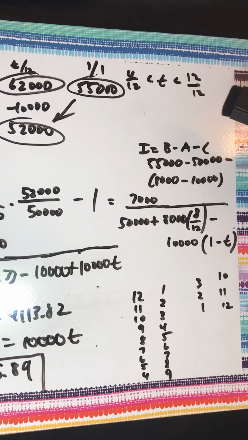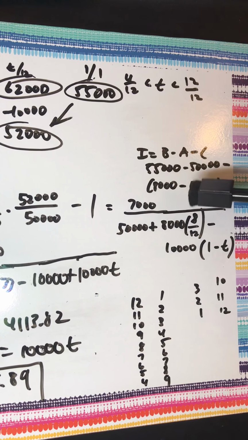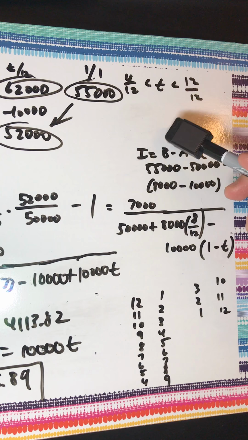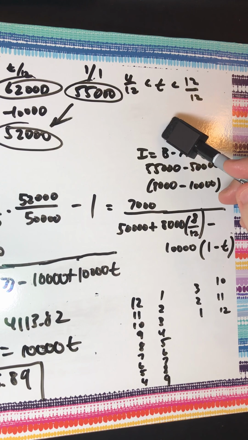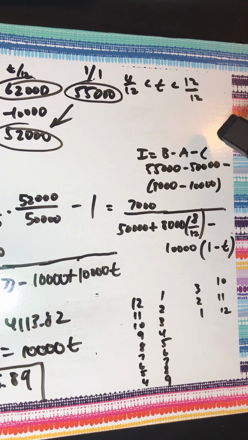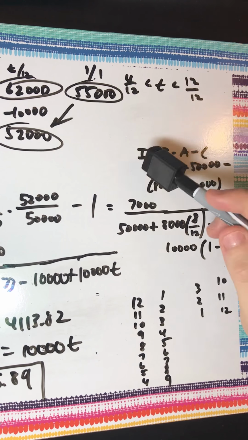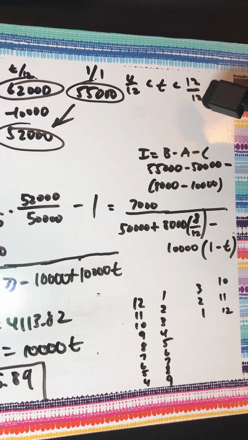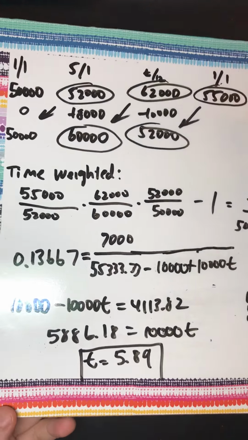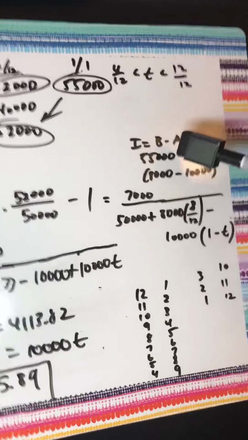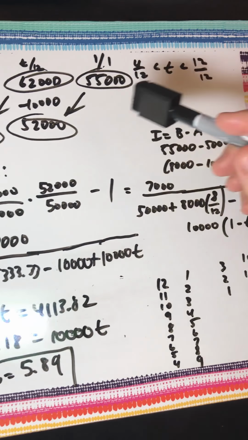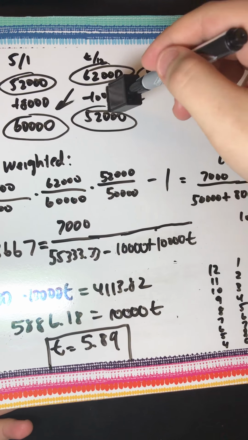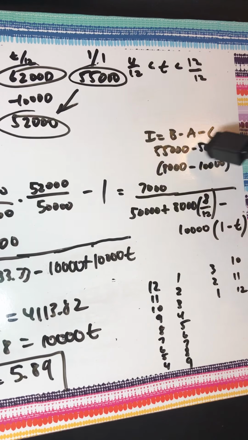Then moving on to the dollar-weighted rate of return over here, we have that the interest is the end balance minus the initial balance minus the cash flows. So end balance is 55,000, initial balance is 50,000, so that's already 5,000 minus, and there's an 8,000 and a negative 10,000.